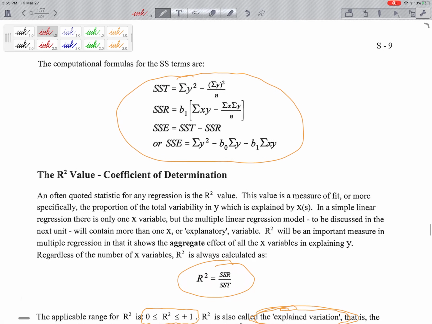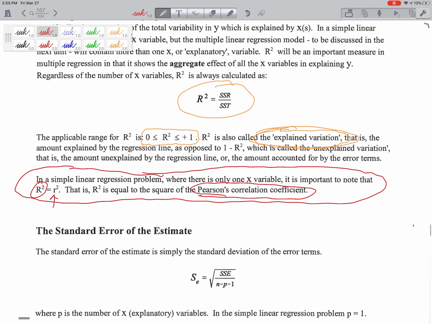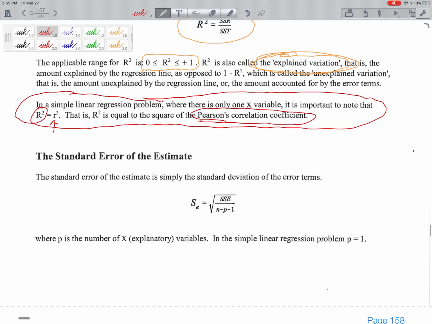All right, one other thing here is something called the standard error of the estimate, and that's really just the standard deviation of all the error terms, or the residuals. It's found by the square root of SSE over n minus p minus 1. Now this p is a symbol you haven't seen before. We've seen lots of p's in stats, but this is another one. It's the number of explanatory variables, the number of x variables.